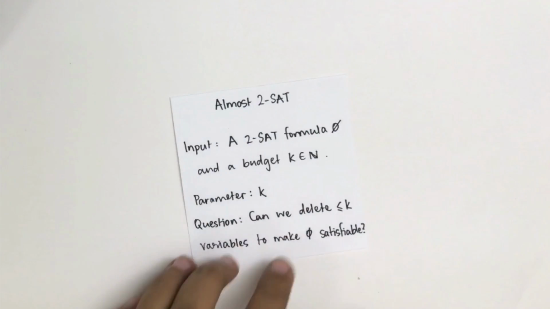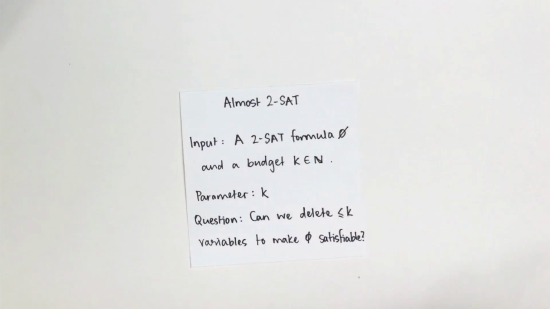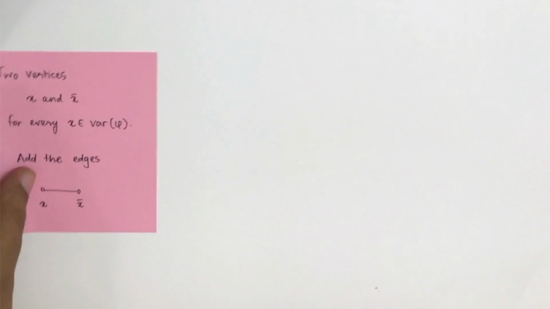So let's start with the actual construction. Recall that what we are working with is a 2-SAT formula phi, and that's what we need to convert into some sort of a graph so that the almost 2-satness of phi can be reflected in the size of the vertex cover of this graph that we construct. So here is how we are going to build the graph.